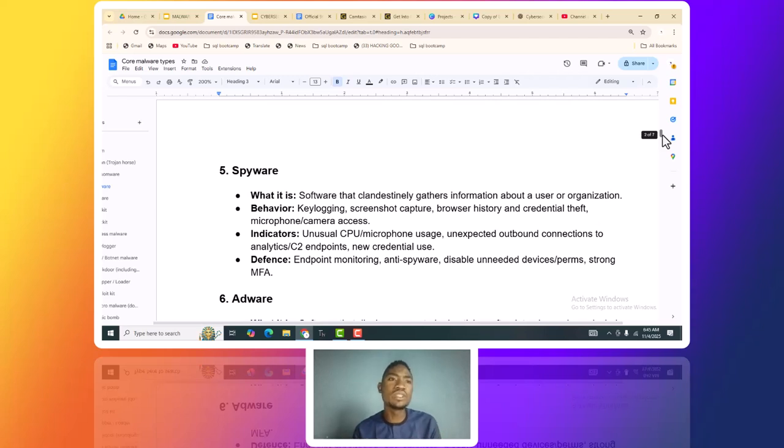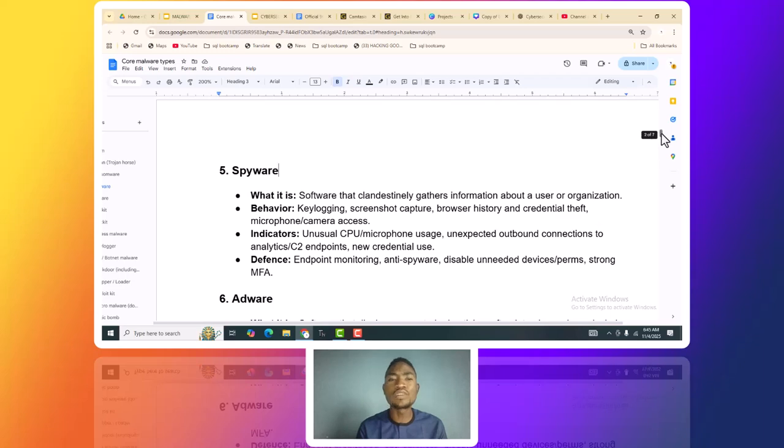These are some of the things, and mostly it attacks your cameras, your contacts, the credential-based part of your system, and therefore endpoint monitoring using anti-spyware, disabling unneeded device permissions, and also enabling multi-factor authentication are some of the ways we can defend against spyware.